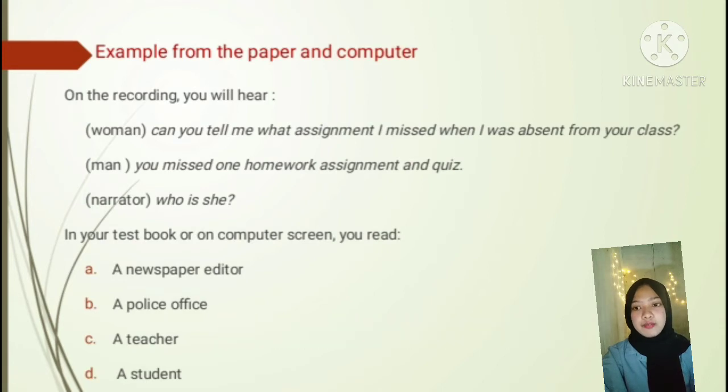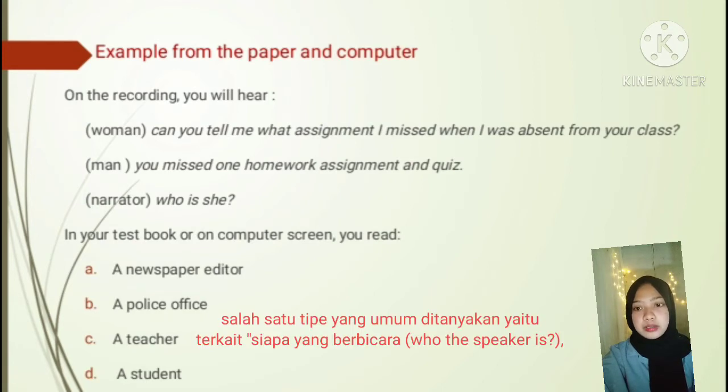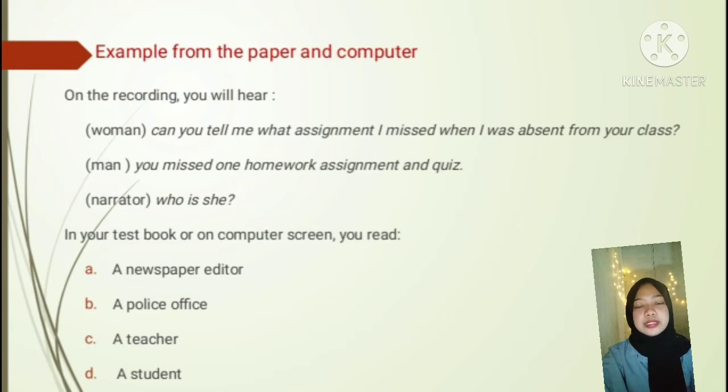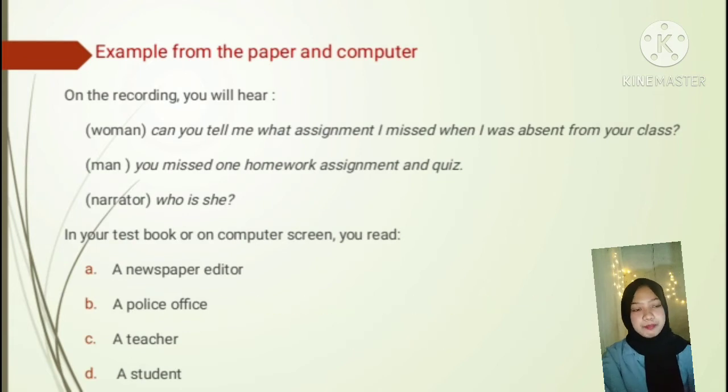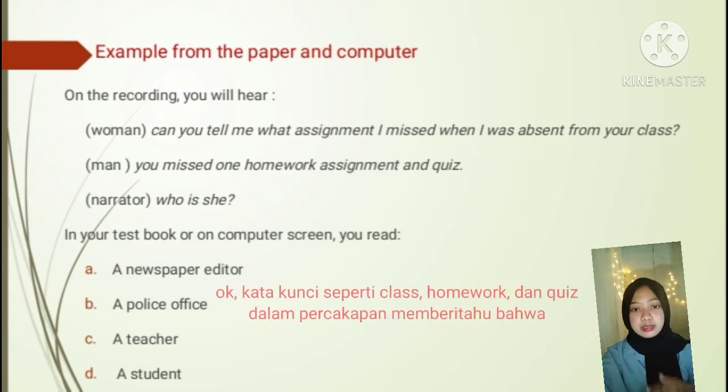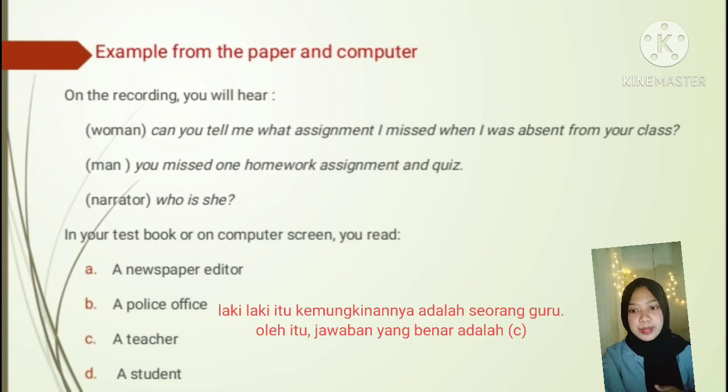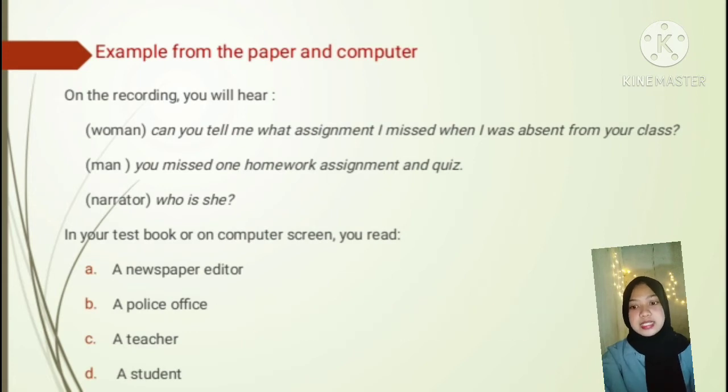One common kind of conclusion is to determine who the speaker is based on those clues. The clues class, homework, and quiz tell you that the man is probably a teacher. So the answer is C, which is therefore the correct answer.